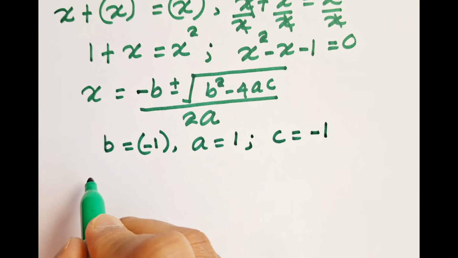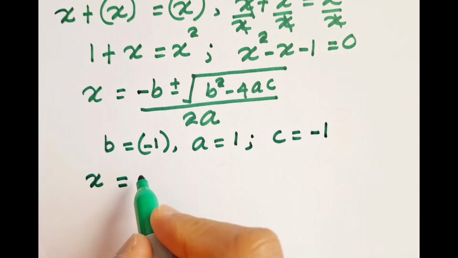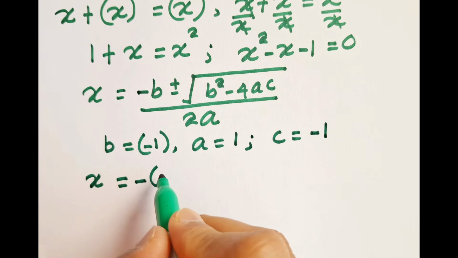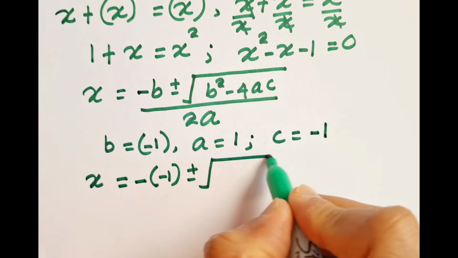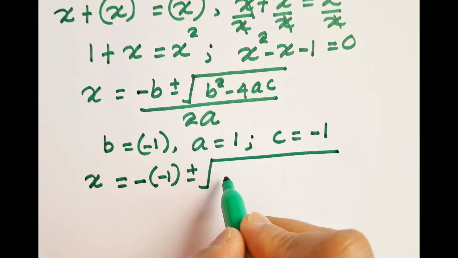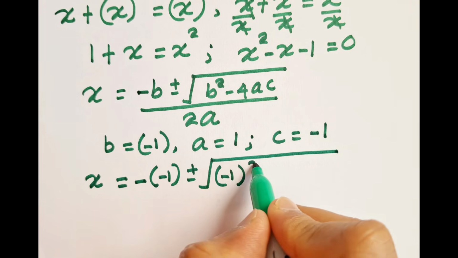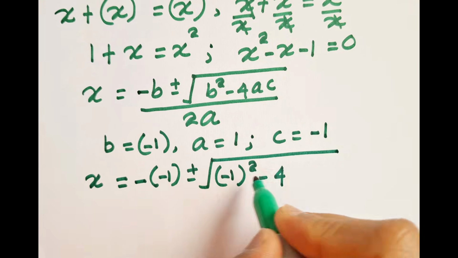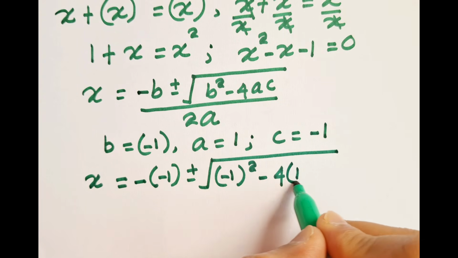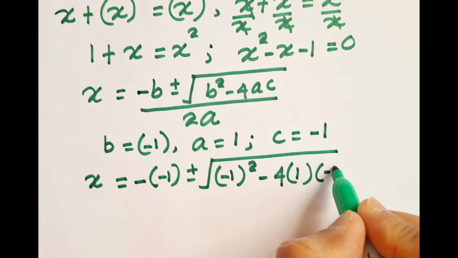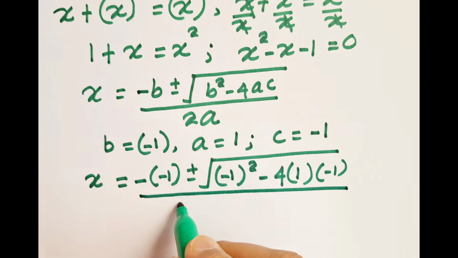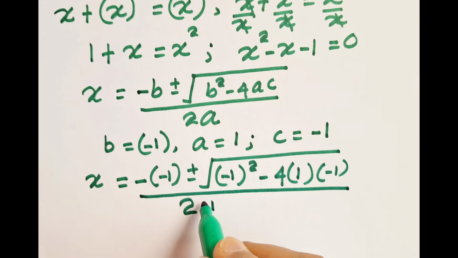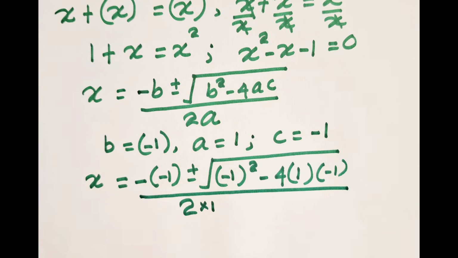So I'm going to substitute the values into the equation. Then x equals minus times minus 1, plus or minus square root of minus 1 squared minus 4 times a equals 1, c equals minus 1, divided by 2 times 1.